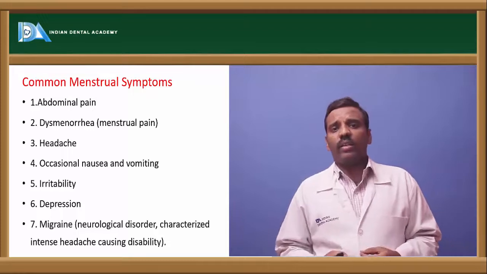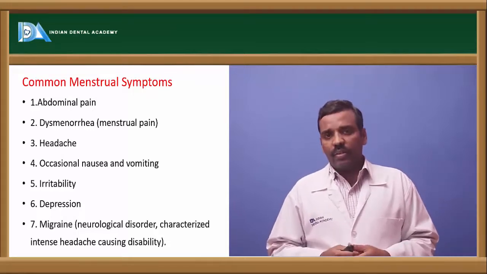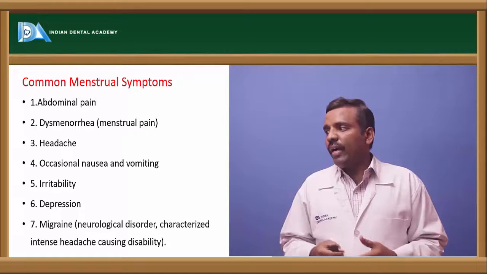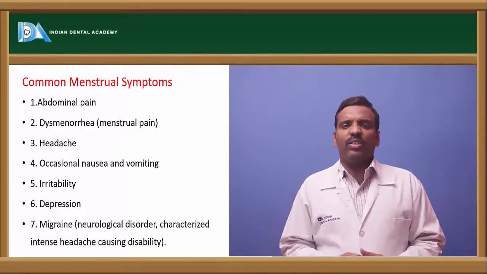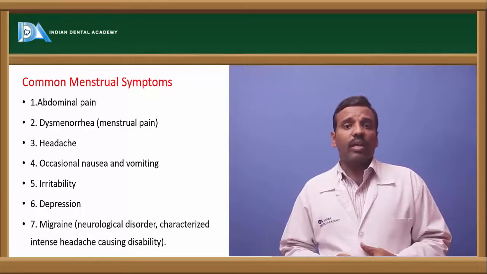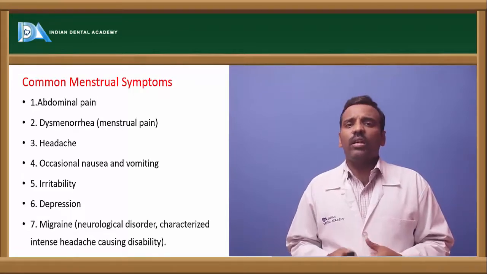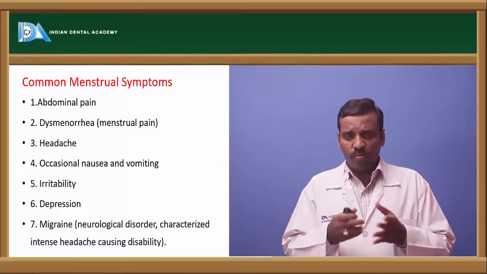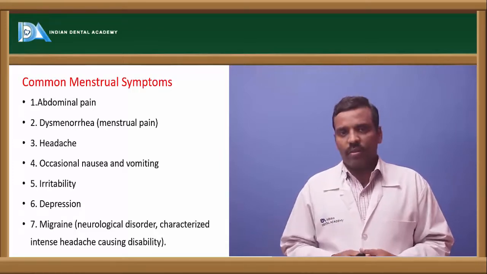Feeling of vomiting is nothing but nausea. Next is irritability, then depression, migraine, and mood swings. All these are the symptoms in the menstrual phase, the first 5 days.